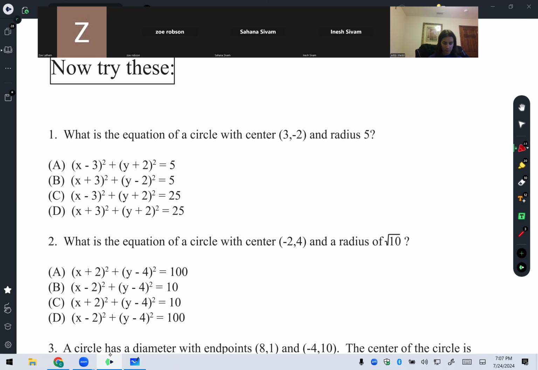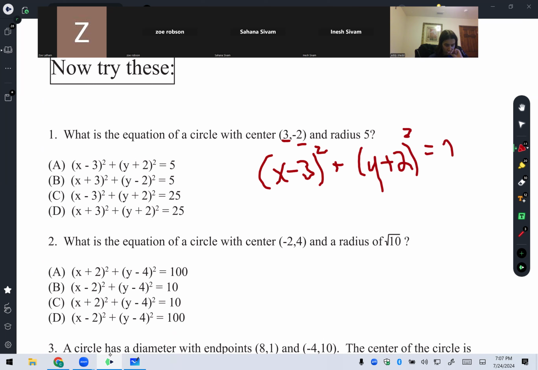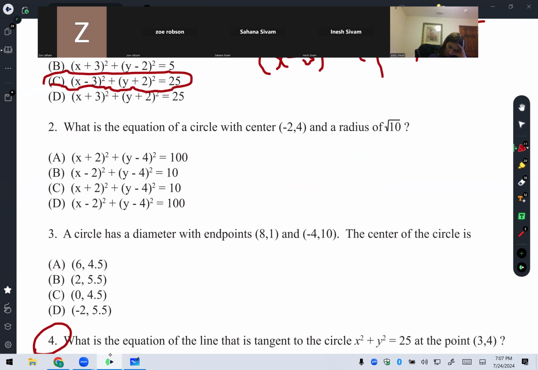Okay, so if we have center of 3, -2, that's gonna be x minus 3. I would just write it out and then try to find the match. Remember, it's gonna be y plus 2. So that one's gonna be C. Okay, let's try a harder one.